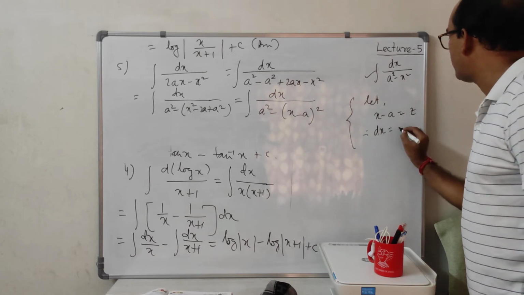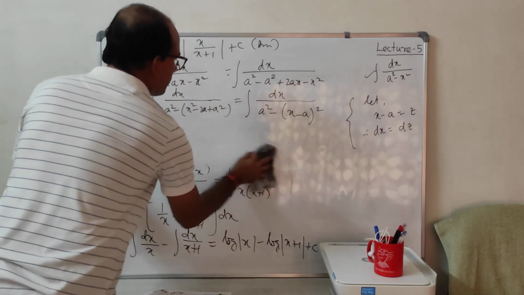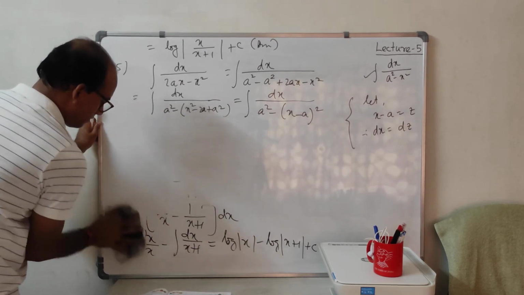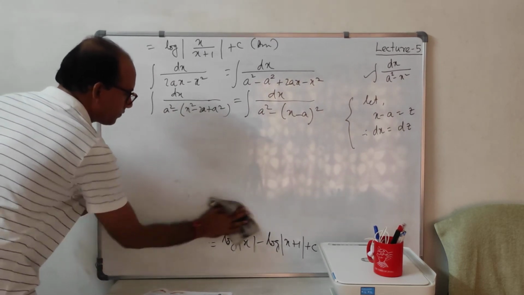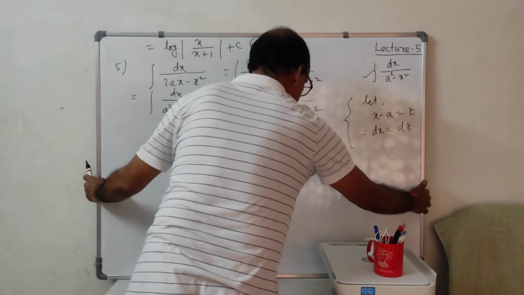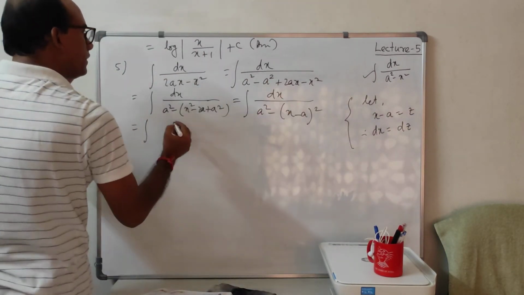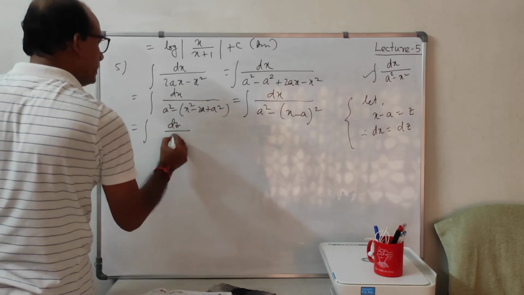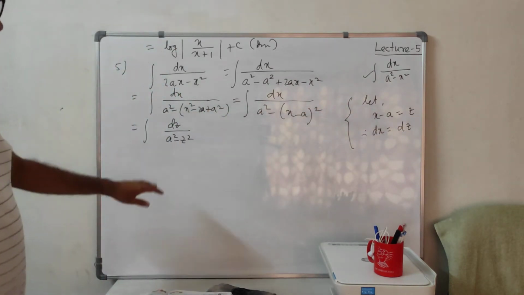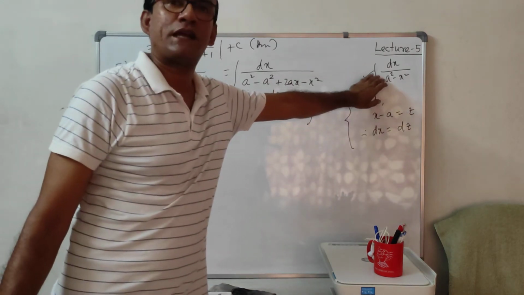Therefore, dx will be dz, and so this will be, after substitution, dz by a square minus z square. Now, after this substitution, what we got is just matched up with the standard integral.